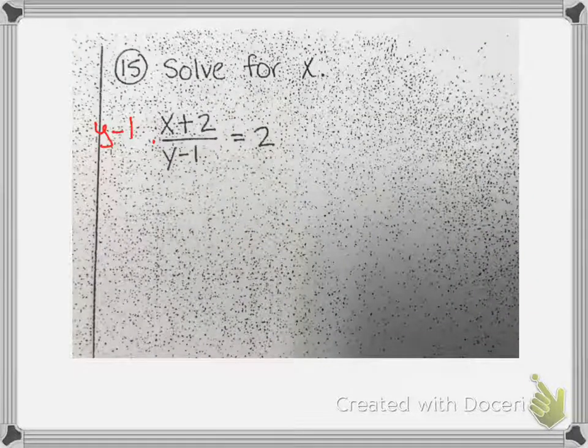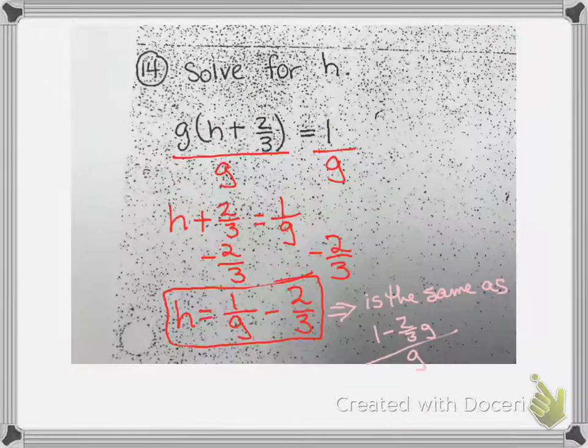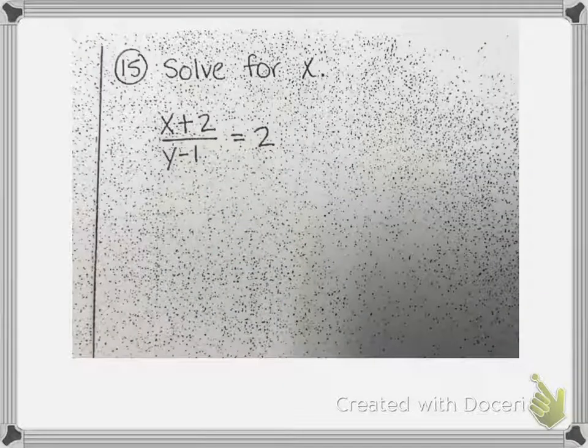Number 15, we're solving for X. Let's back up just a little bit here. I've got X plus 2 divided by Y minus 1 equals 2. So I want to get rid of my Y minus 1. I'm going to multiply both sides by Y minus 1.